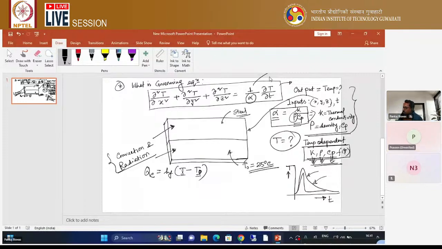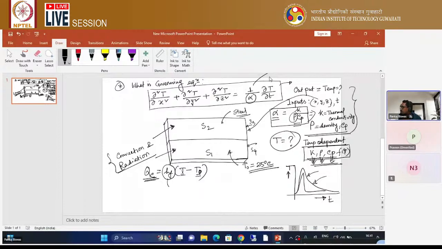Now, to incorporate this convection boundary condition, you need to know what input parameters are required and where the convection takes place. Convection generally takes place on all the surfaces: this surface S1, S2, this side S3, S4, and the bottom side also.